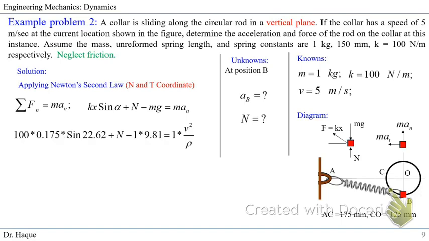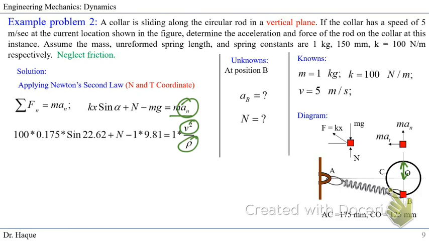If we plug in those values, k equals 100, x that we found is 175 millimeter, which converted to meters is 0.175, and sine alpha is sine 22.62, plus N, and then we know mass is 1 kilogram, and g is 9.81 meters per second square. We know that the normal acceleration component, from our previous chapter, is velocity square over rho. Rho is the distance from the center to the path, which is the circular path.